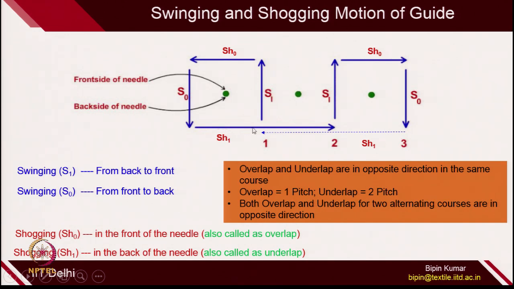At the back side also, the first arrow is from left to right and the second arrow is from right to left. So, both overlap and underlap for alternating courses are in opposite directions. In this way, the loop will be formed and the guide will be repeating its motion.